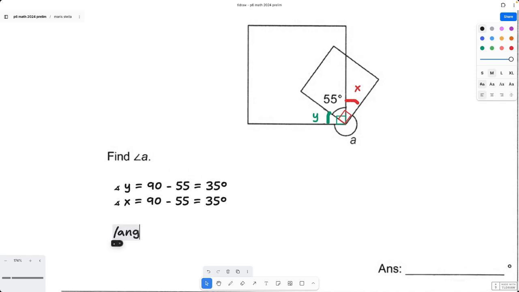So angle A is equal to 360 minus, actually no need, right? Okay, whatever. I'm just gonna go 360 minus 35 minus 35 minus 55.